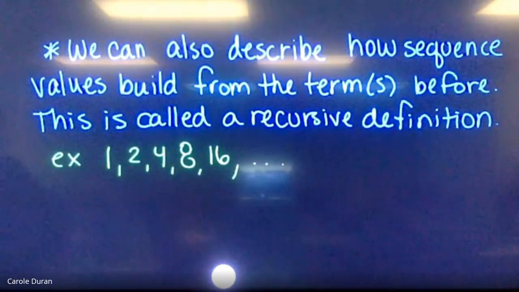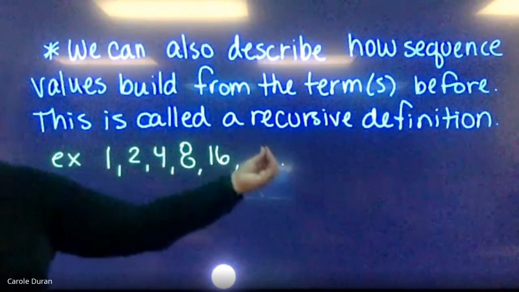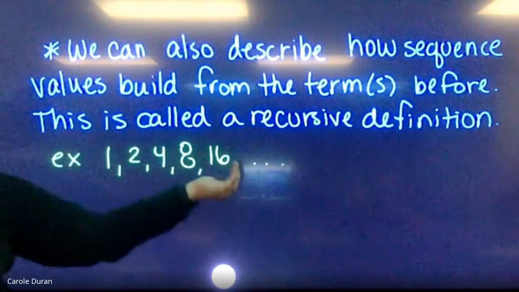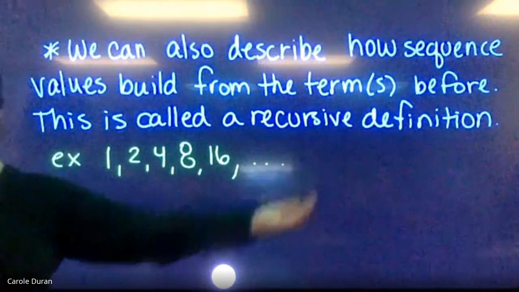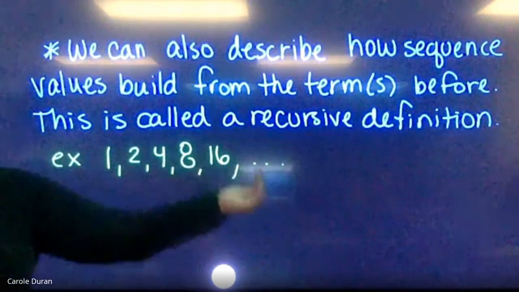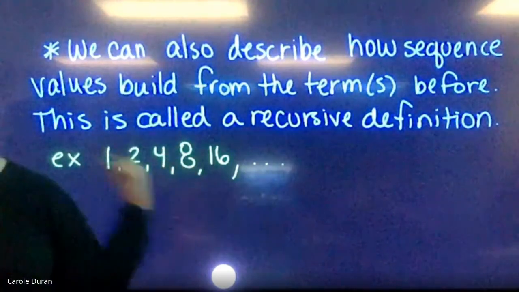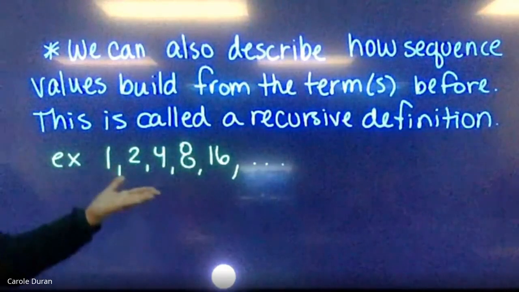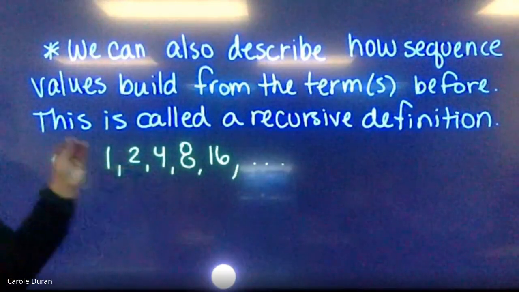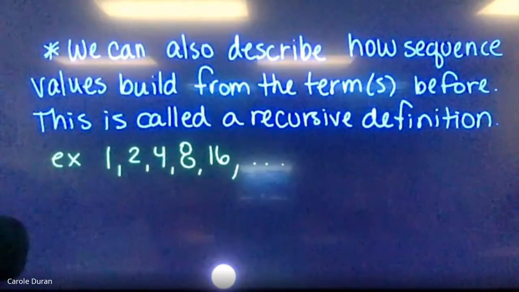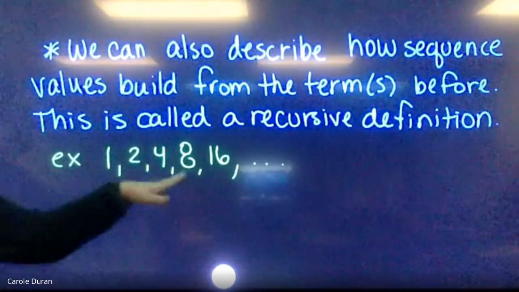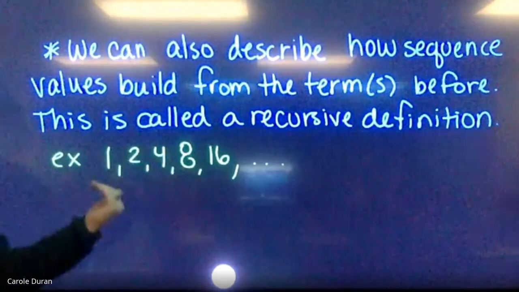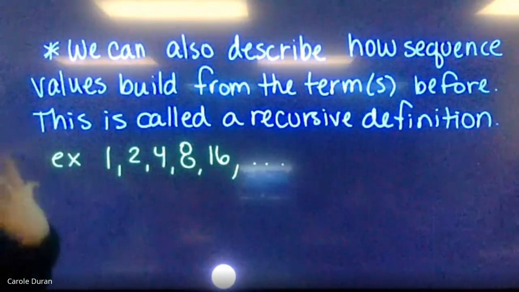So that actually doesn't help me if I want to find the 100th term, because I'd have to know the 99th term in order to find the 100th term, right? And to find the 99th term, I'd have to know the 98th term because I'd have to double it to get to that one. So this rule that we just eyeballed tells us how it builds off the term before it, but it doesn't tell us how to find any random term in the sequence. So this doubling, or 2 times the term before, would be what we consider a recursive rule.